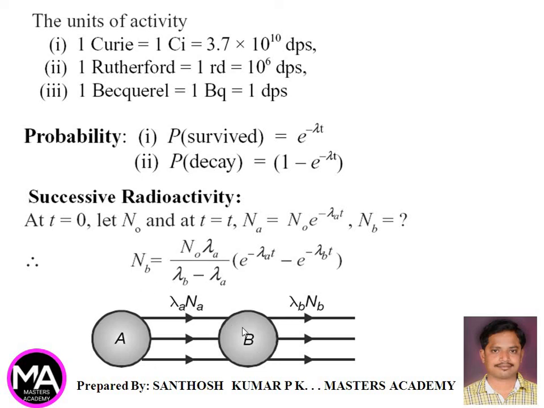Now the number of nuclei in B remaining is equal to N naught into lambda A by lambda B minus lambda A into e to the power of minus lambda A t minus e to the power of minus lambda B t, where lambda A is the disintegration constant for nuclei A and lambda B is the disintegration constant or decay constant for nuclei B. Here N A is the number of nuclei of A, and N B the number of nuclei of B.